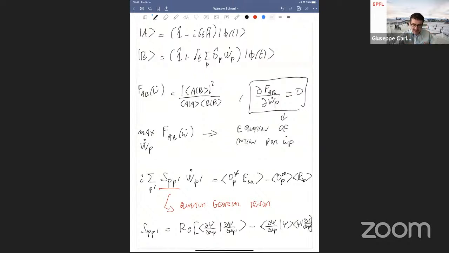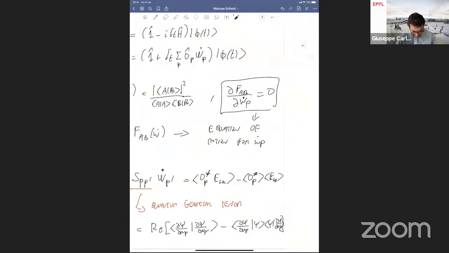The metric induced by this tensor comes from the overlap between two variational states. And if you do the calculation carefully, you will find that this is exactly the object that you get here. It's a very important object for many applications.